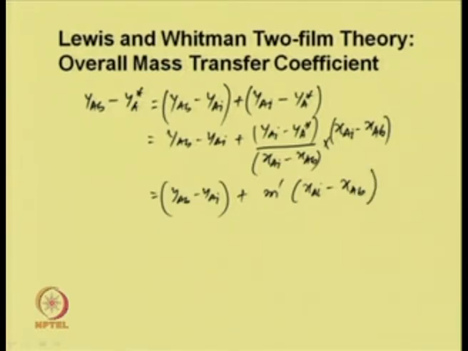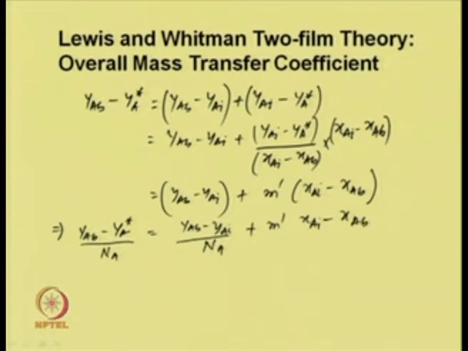Therefore, we can write (y_Ab minus y_A star) divided by N_A is equal to (y_Ab minus y_AI) divided by N_A plus m dash (x_AI minus x_Ab) divided by N_A.